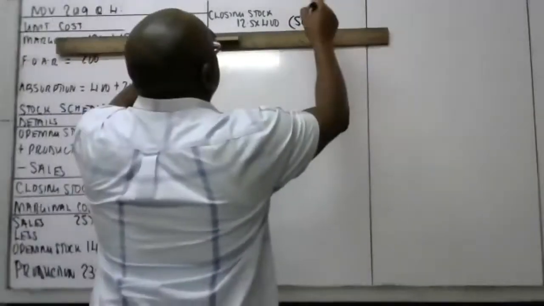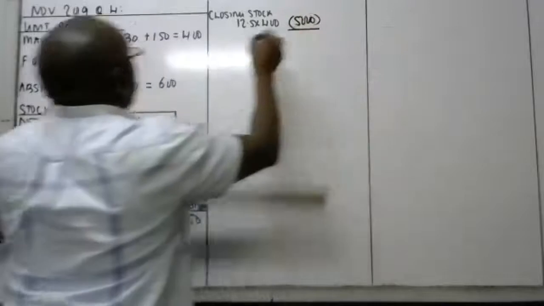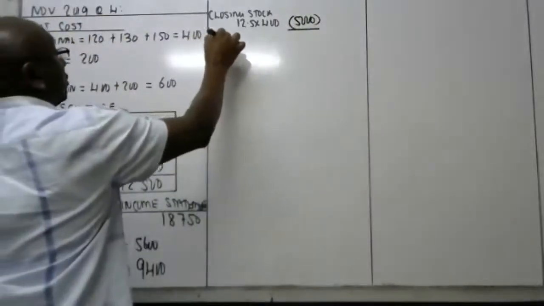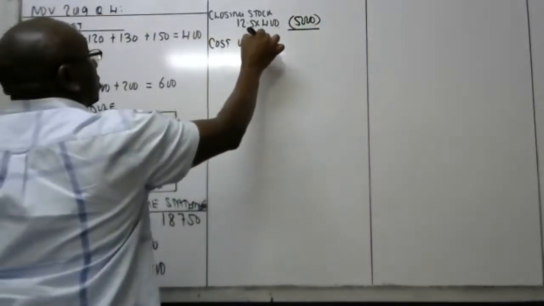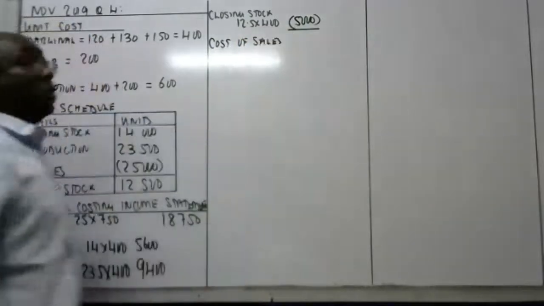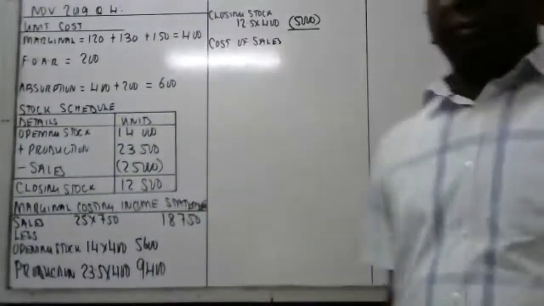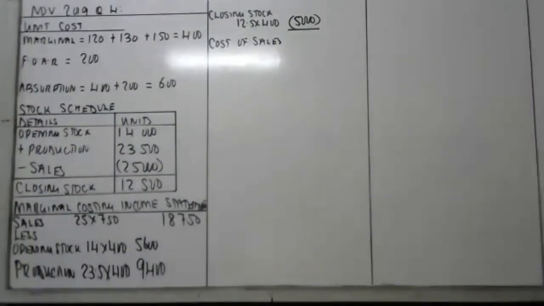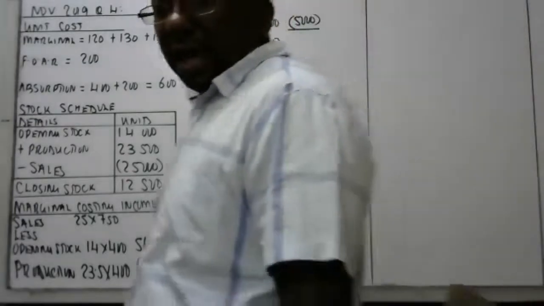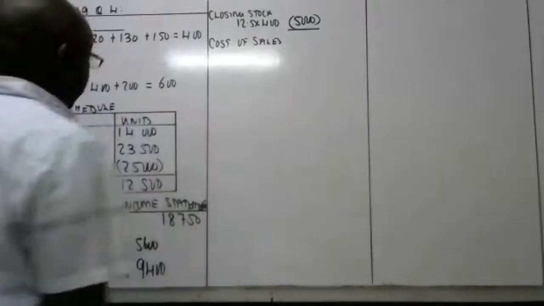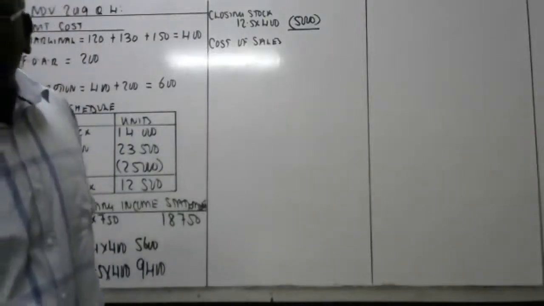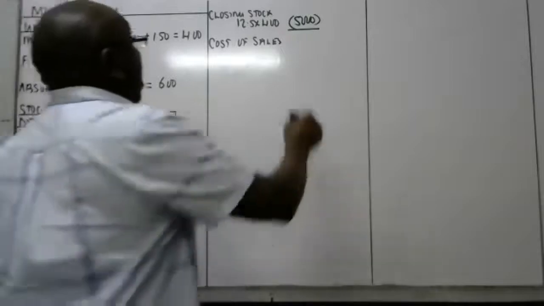So when we erase that way, we should get a figure called cost of sales. Give me the cost of sales. 10,000 according to our friends. Okay, Mohammed also 10,000.